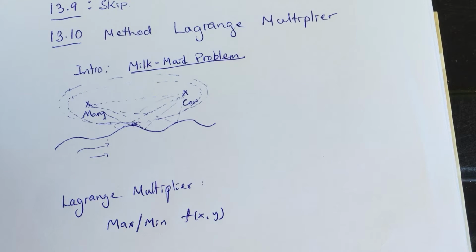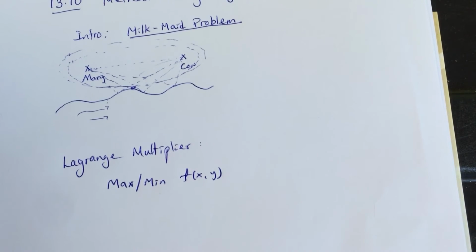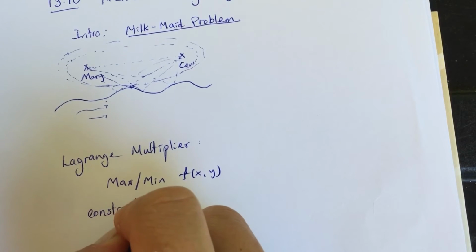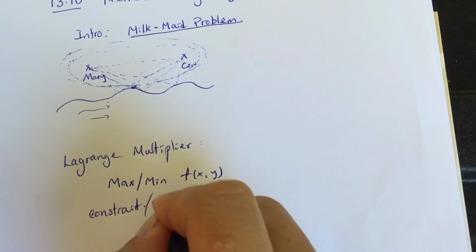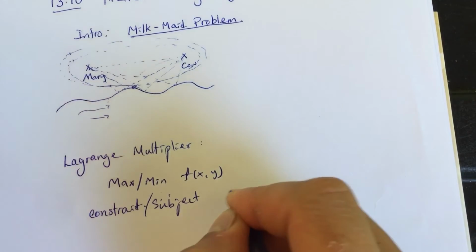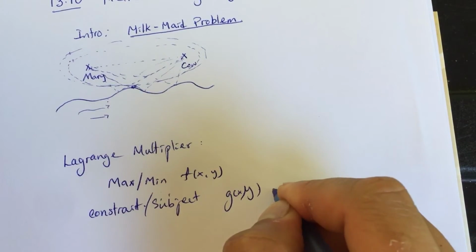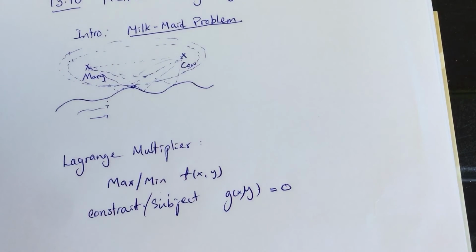But every time you maximize or minimize something, there's also a constraint. So this is subject to the following: g of x comma y equal to 0. So every time we can set this equal to 0, and we'd like to find out what the constraint is.